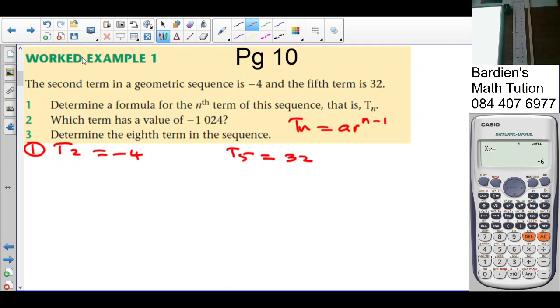In number 3, they want to know, determine the value of the 10th term. So in other words, your n is going to be 10 now. So work out the 10th term for me quickly. So everybody will see, where n is, I put a 10.